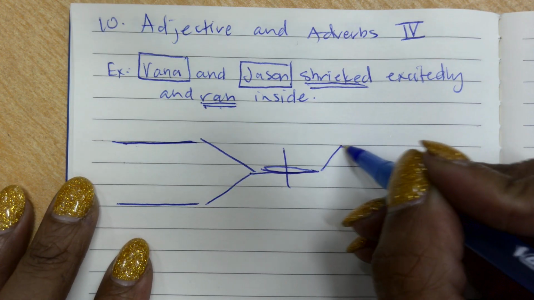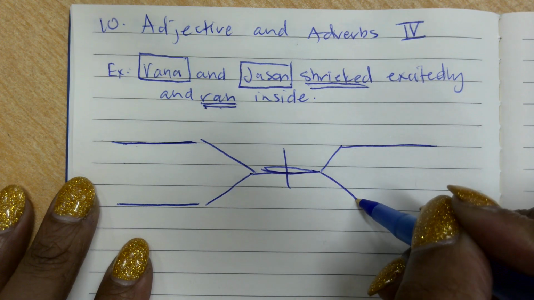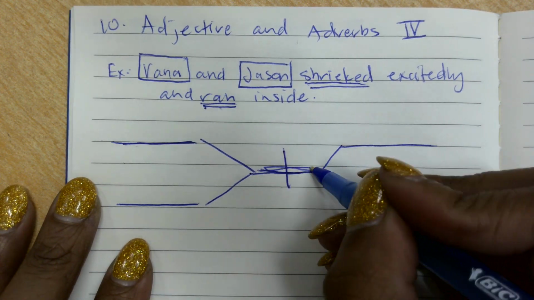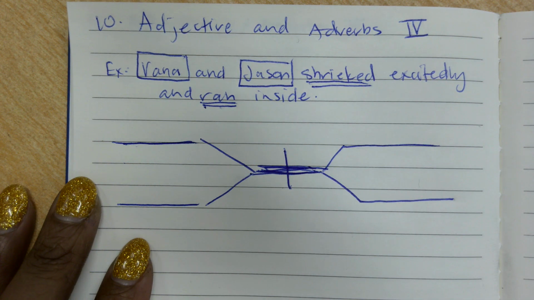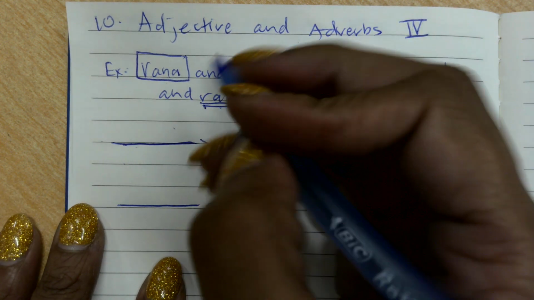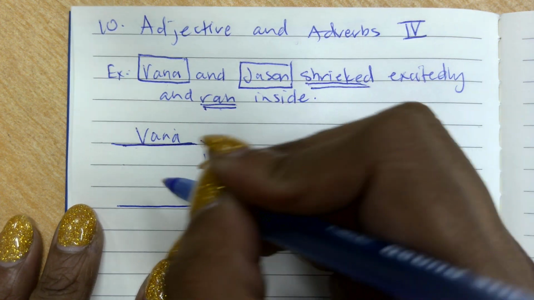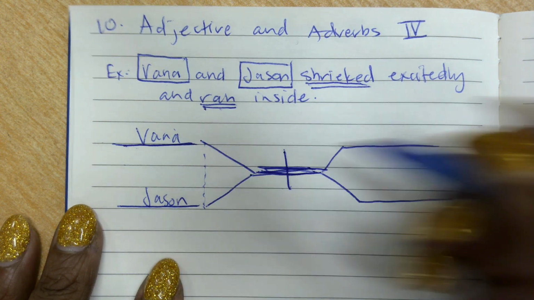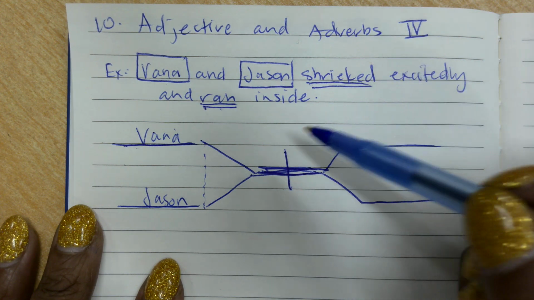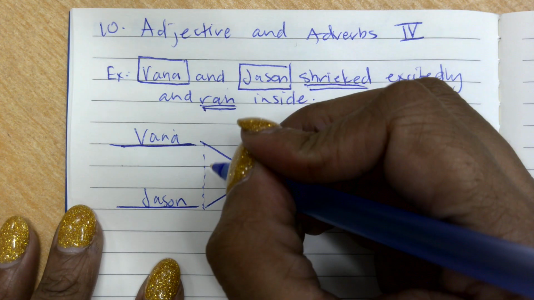Because we have two verbs, we need forked lines there as well. Okay, and let's put our subject and our verbs into our diagram. So our first one, Vana. Our second one, Jason. And notice how we have the word connecting them, and. So let's draw that on our dotted line.